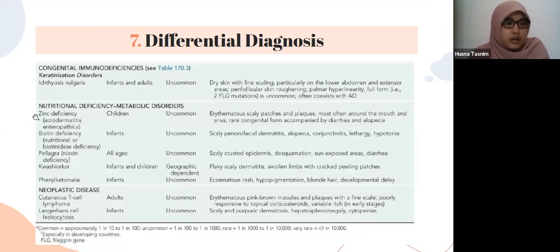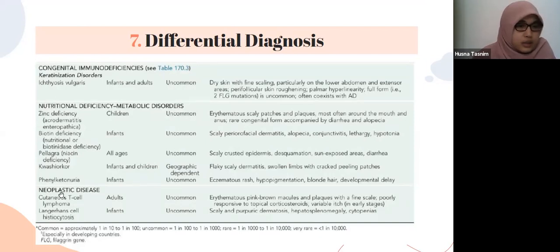It can also be caused by zinc deficiency, which is also uncommon, with erythematous scaly patches and plaques, most often around the mouth and the anus. And then we also have biotin deficiency, pellagra, and kwashiorkor. Kwashiorkor has flaky, scaly dermatitis with swollen limbs and cracked, peeling patches.